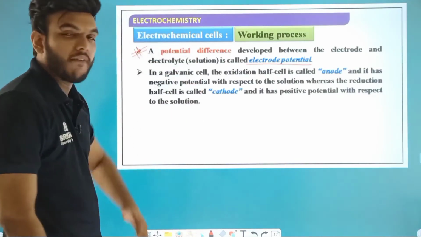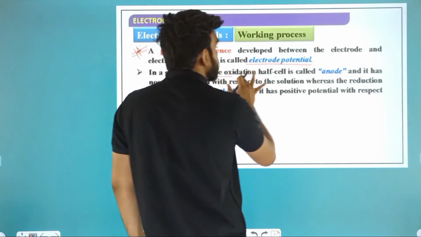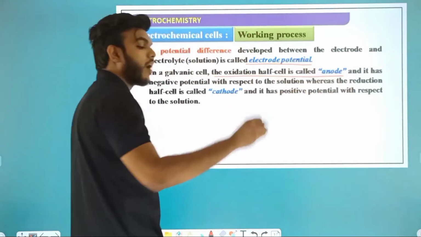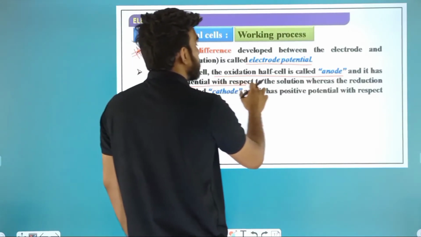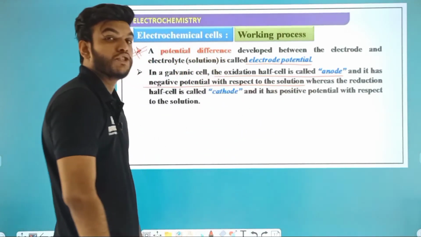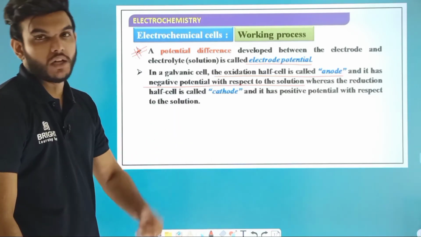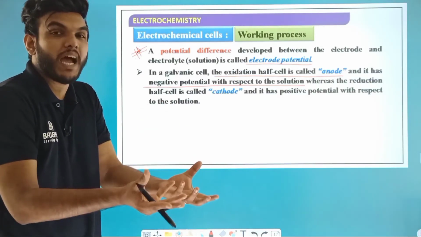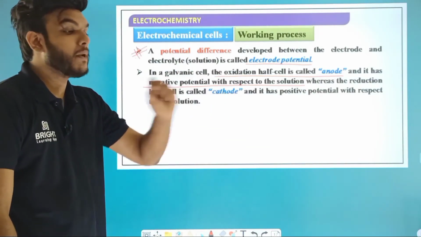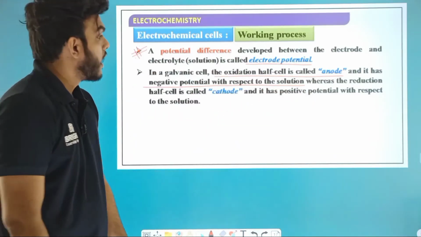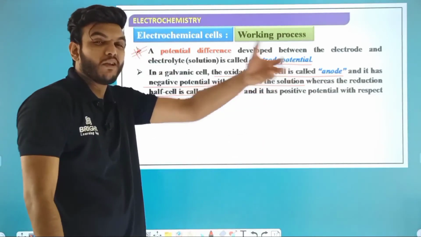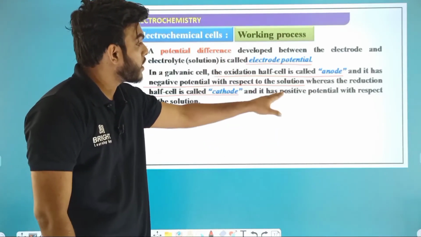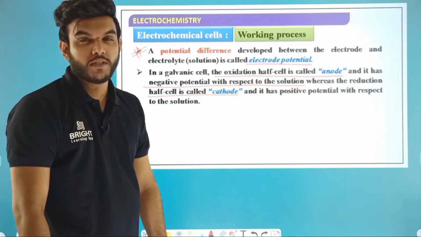But in the case of a galvanic cell, an oxidation half cell is called the anode. Anode will always undergo oxidation, and it has a negative potential with respect to the solution. The electrode potential value will be negative at anode because there is loss of electrons. Whereas the reduction half cell is the cathode, and reduction is gain of electrons. If it is gain of electrons, it has a positive potential with respect to the solution.